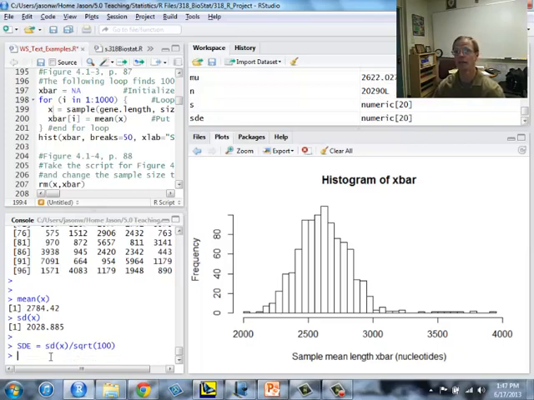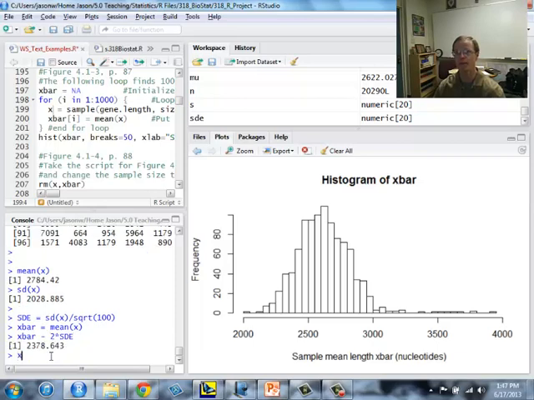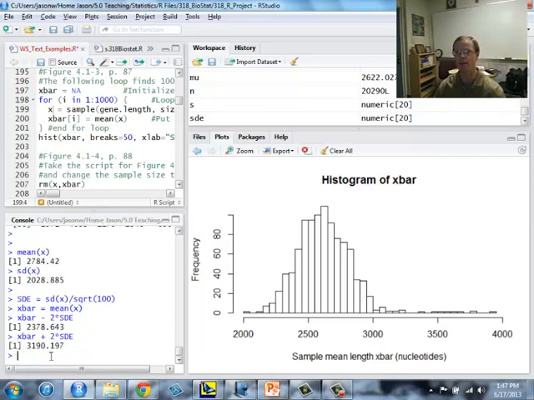And then we're going to take, let's call x bar equal to mean x, so x bar minus 2 times SDE, and x bar plus 2 times SDE. That gives me 2378 to 3190 as my confidence interval.